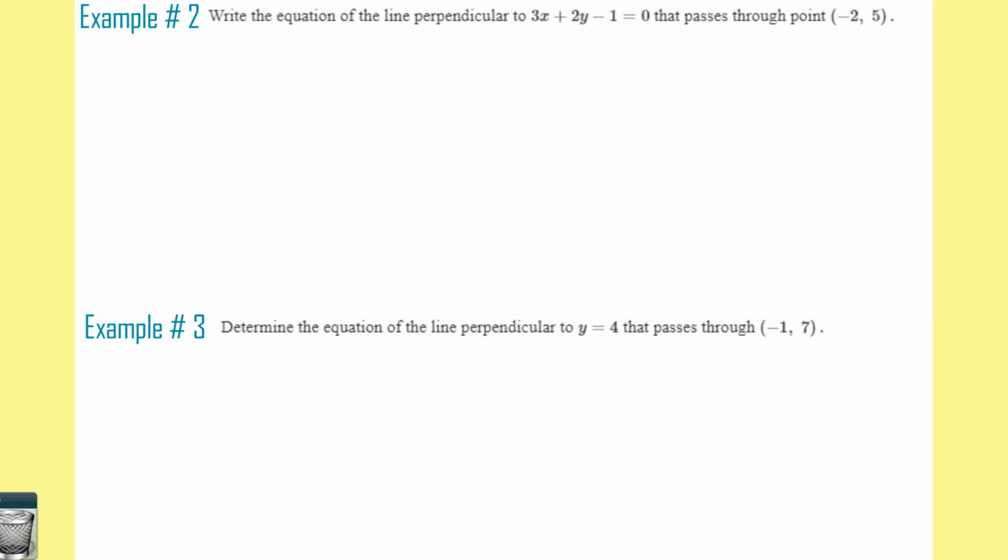Okay, so the equation of the line perpendicular to this. Well, if it's perpendicular, then it must be opposite reciprocals. So this equation is 2y equals negative 3x plus 1. I moved the 3x and the 1 over. Divide by 2.